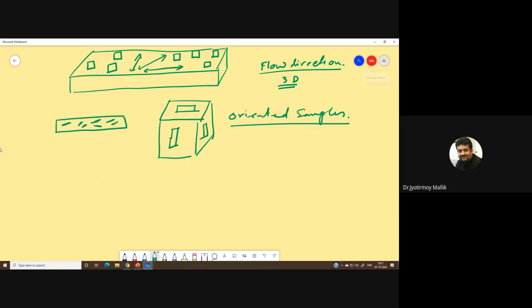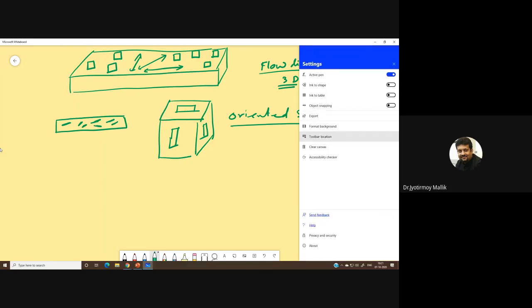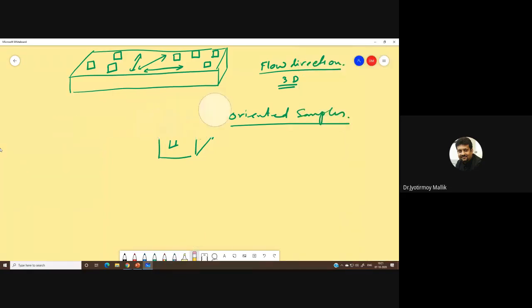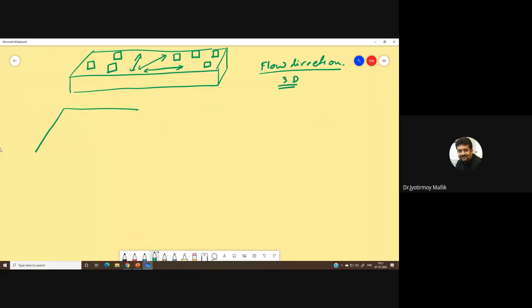So to avoid that exercise, what we can actually do is take these oriented samples. This is one chunk of such an oriented sample.